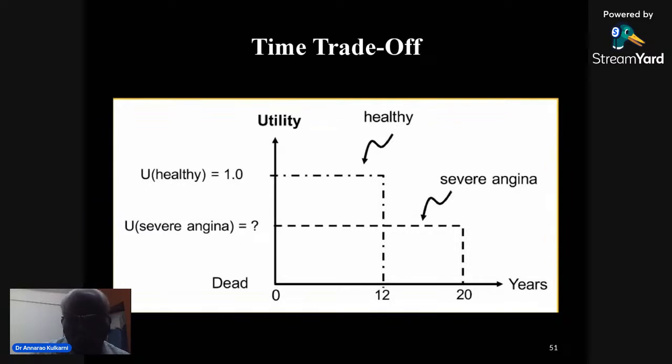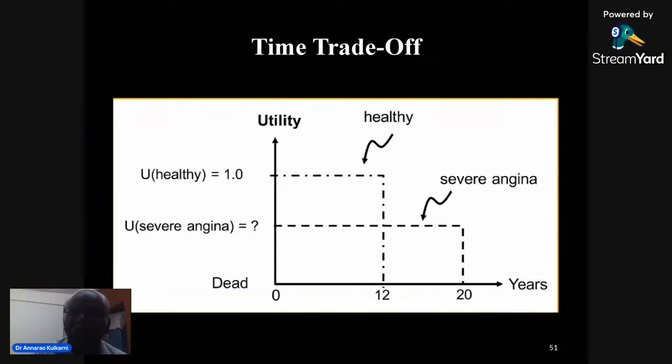How much of your remaining life expectancy would you give up to eliminate your severe angina so that you have perfect health? Now, this is the question asked. The number of years you would give up is divided by the remaining life expectancy. Say here, in this example, it is taken as 12 years. Okay, he can live 12 years without any angina, versus 20 years with severe angina.